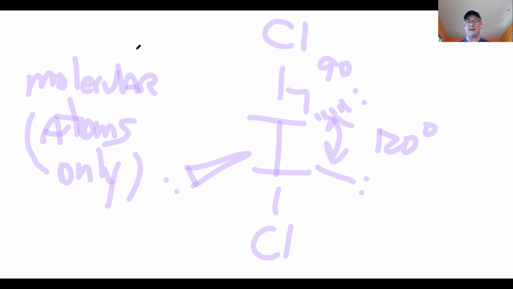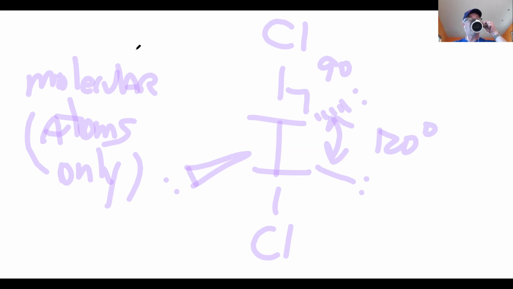And when we just look at the atoms, it looks linear. So the group it's in is trigonal bipyramidal, but the actual molecular shape is linear. And when I ask you this on a test, I will make sure I differentiate. I'll say which group is it in, and then what molecular shape is it? Just to differentiate between the two.